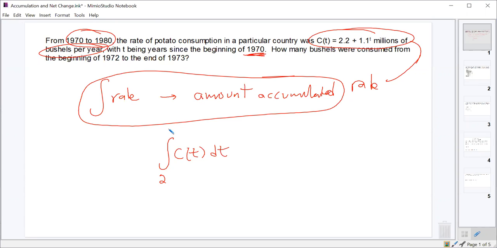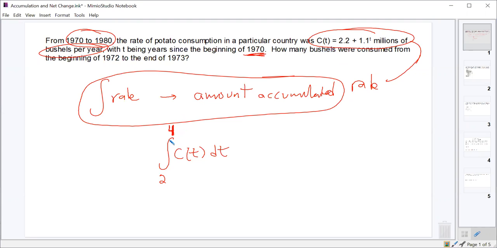No. 4. That'd be the end of 73 is the beginning of 74, right? So we'll integrate this rate function from 2 to 4. And this should be the number of bushels of potatoes, in terms of millions of bushels, that were consumed between the beginning of 72 and the end of 73. So during that 2-year time period.